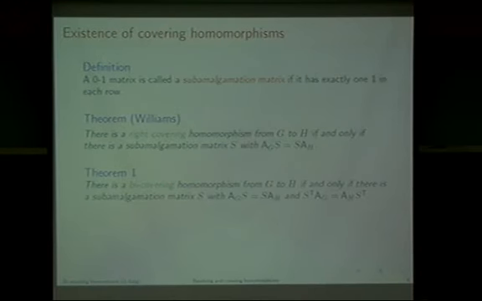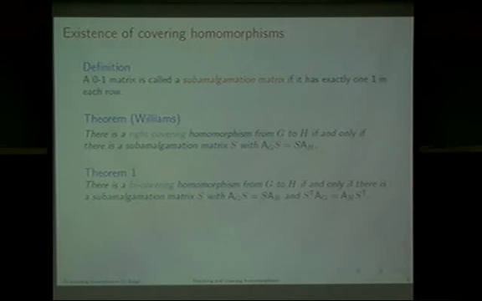So we want to characterize when there exists a bi-covering or bi-resolving homomorphism from one graph to another graph. To begin with, the sub-amalgamation matrix. A zero-one matrix is called a sub-amalgamation matrix if it has exactly one 1 in each row.